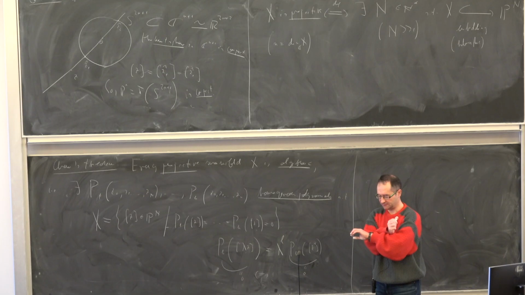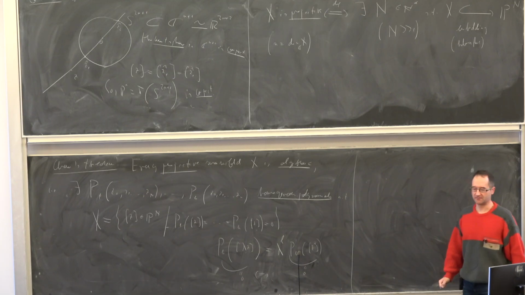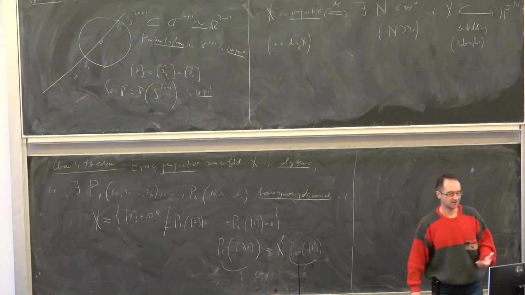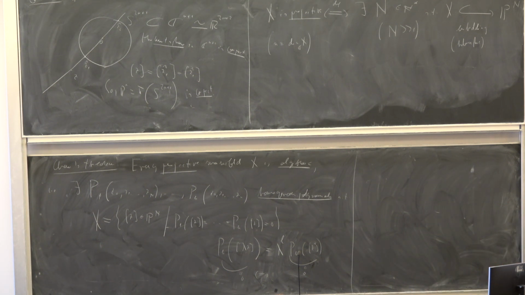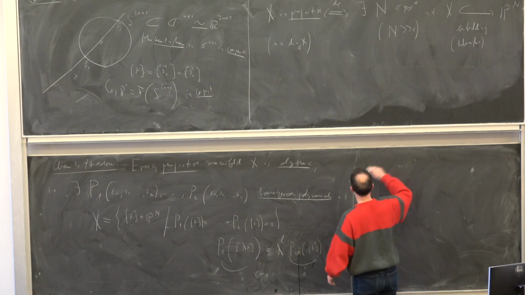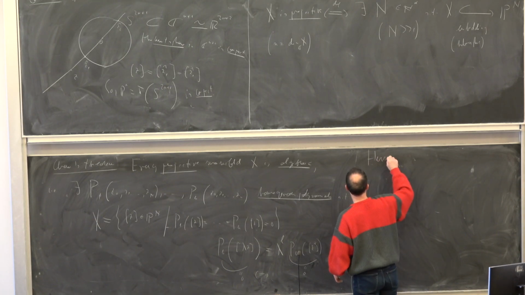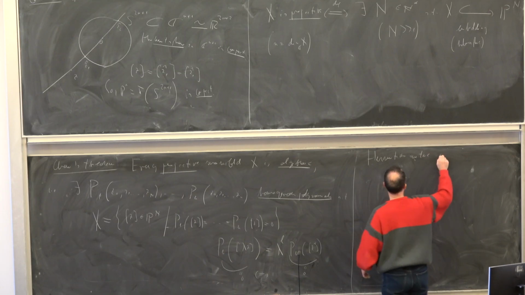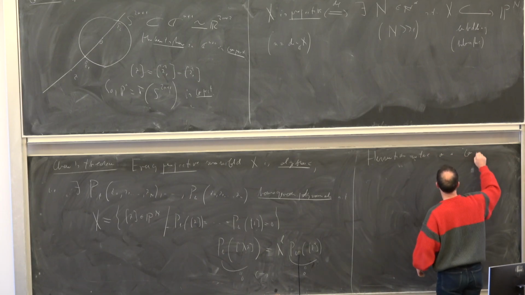But before saying a few words about that, let me introduce a third object. So we've seen so far the notion of a complex manifold, the notion of a vector bundle, and now let's see the notion of a Hermitian metric on a complex manifold.